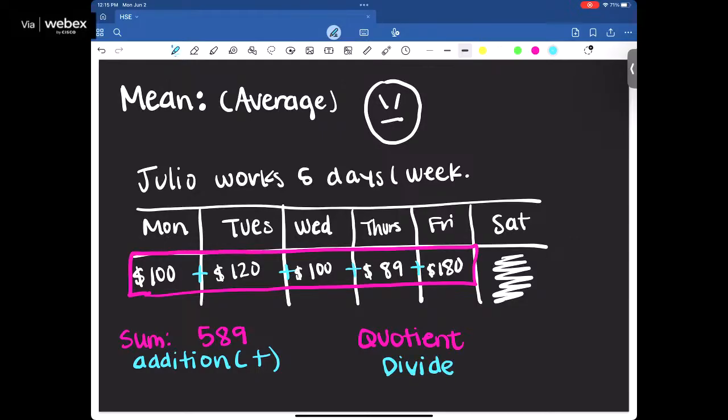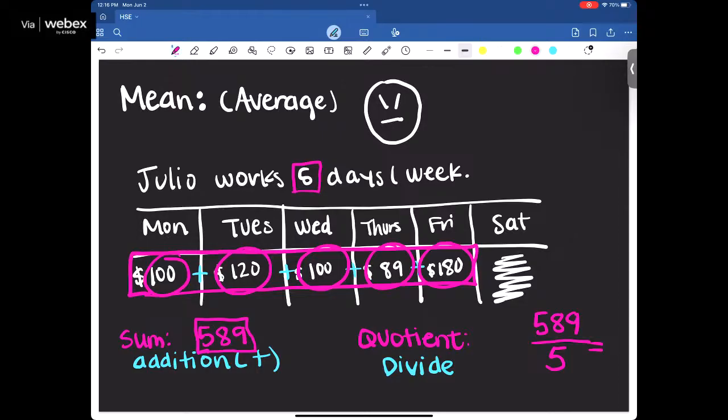We need to find the quotient between the sum of the data set, 589, and the number of numbers within that data set. That is 5. 5 numbers, 1, 2, 3, 4, 5.